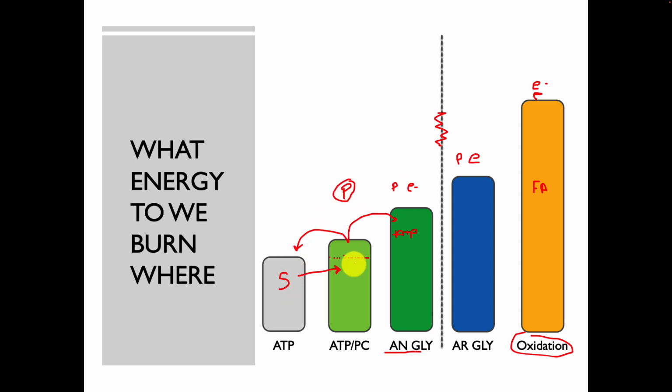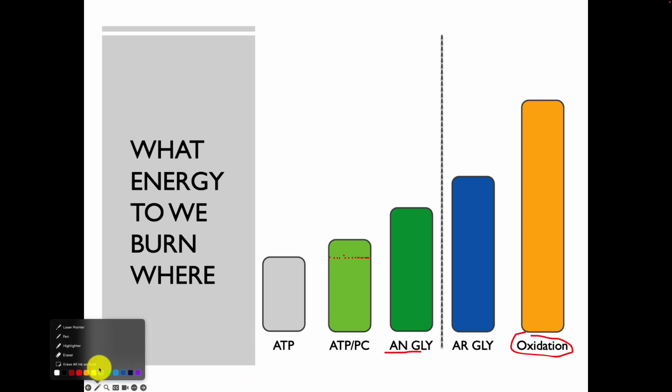And depending on the substrate we use, and again, substrate is where the energy is coming from, let me clear this up so I can identify that. With ATP, we have these ATP pools in the muscle.